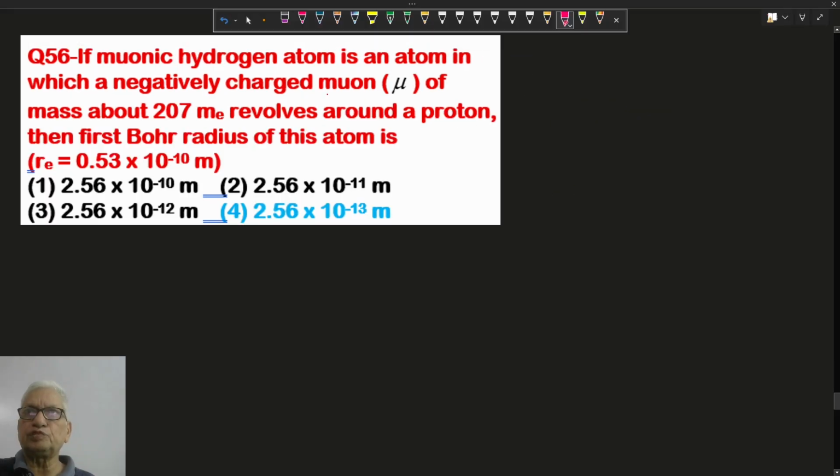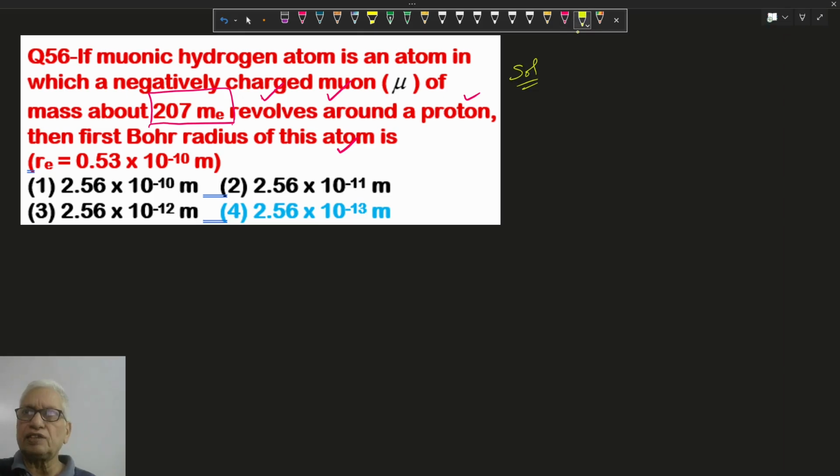The mass of a muon is 207 times the mass of an electron revolving around the proton. We need the first Bohr radius of this muonic atom. The muon is a negatively charged particle, and its mass is 207 times larger than the mass of the electron. We are finding its radius.